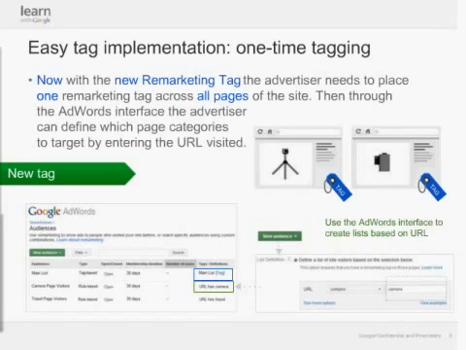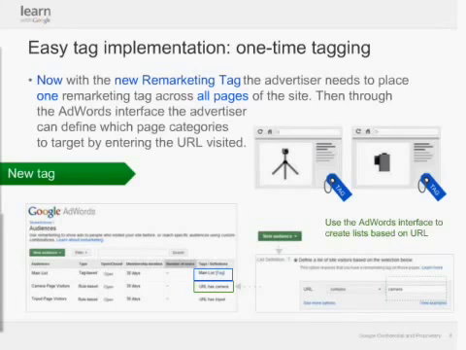So now with the new remarketing tag, all the advertiser, or you as the customer, needs to do is place one remarketing tag across all pages of your website. Then through the AdWords interface, through this powerful list building UI, you can define which page categories to target by entering the URL visit. This is one of the most powerful parts of this new launch. It isn't just the new tag, it's the list builder that we launched with the new tag.